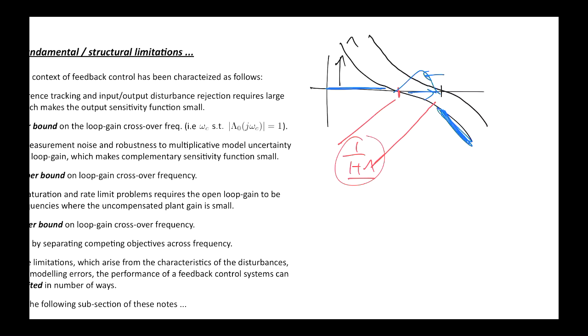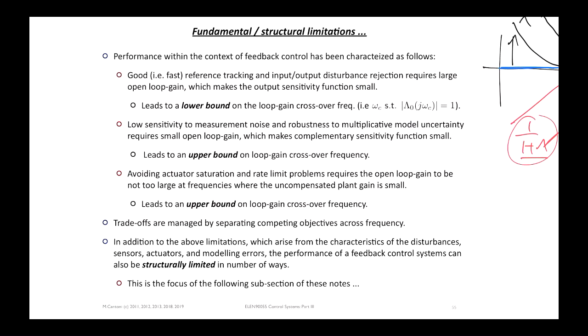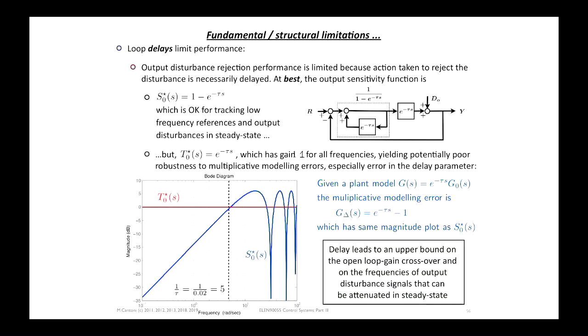Okay? And in addition to this, there are some structural limitations that limit what can be achieved with a feedback interconnection, by virtue of the structure of a feedback interconnection, as we'll see today. Okay? So the first example of a structural limitation is delay in the loop.